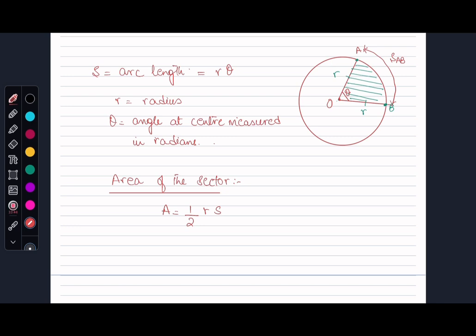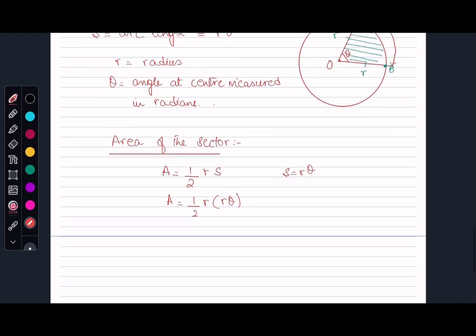Or if we substitute S as R theta, then this area has to be 1 by 2 R into R theta, or I can say that the area of the sector can be written as 1 by 2 R square theta.